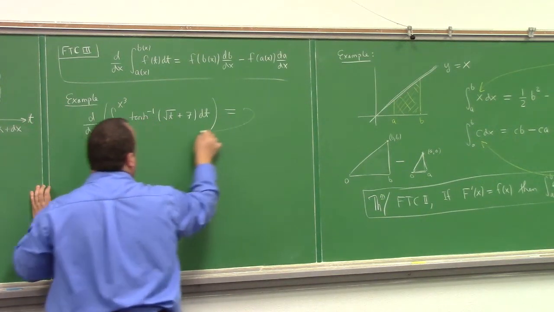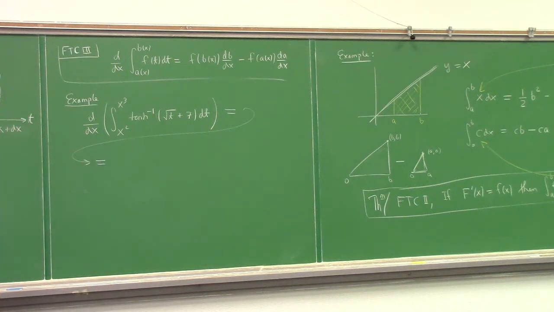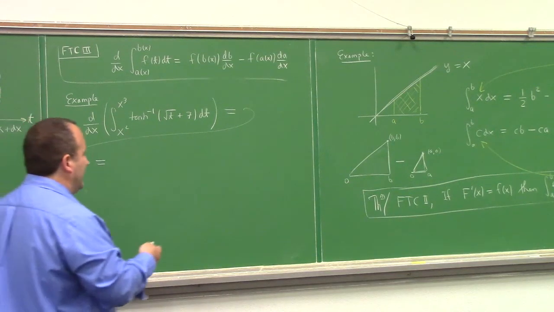Well, that's a very scary question unless you have understanding of FTC3. Because we do not have the tools to calculate that antiderivative, right? We can't actually perform that integration. I'm not sure even after a full semester of Calculus 2 it's something we can do. Probably not, actually. This is probably too nasty.